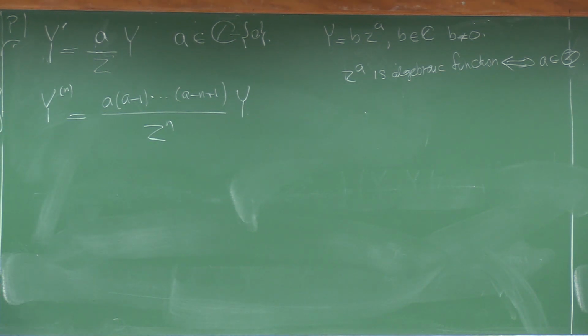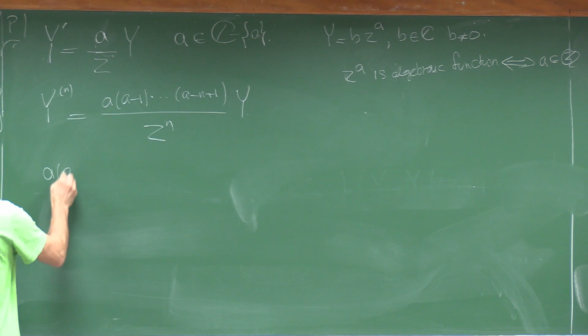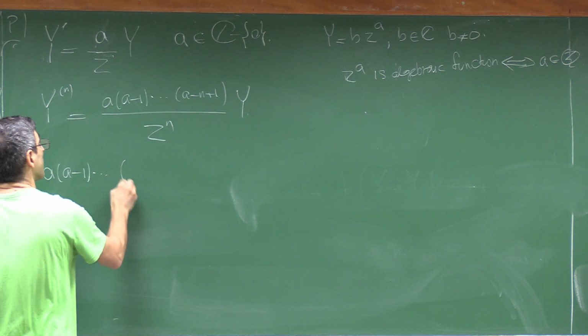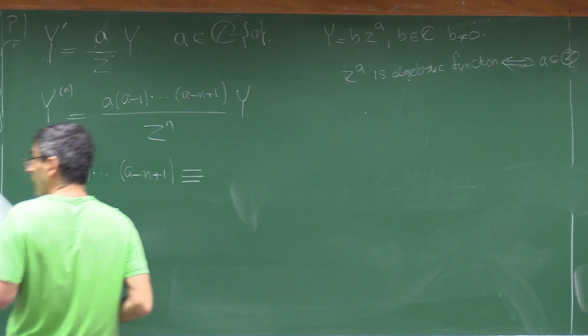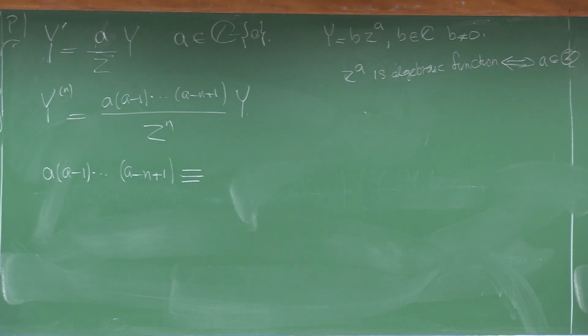Let's try to analyze the conjecture here in order to reach this thing of Kronecker. So what was the conjecture? a(a-1)...(a-n+1). I will write it in a mod p format.